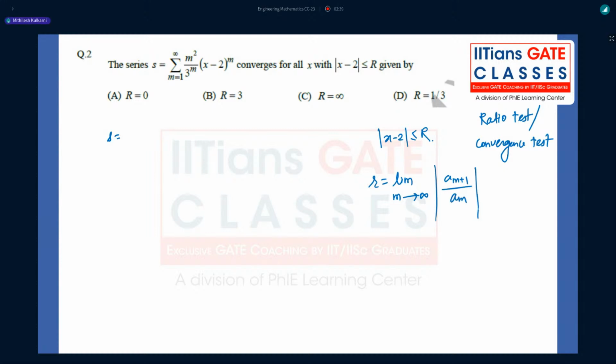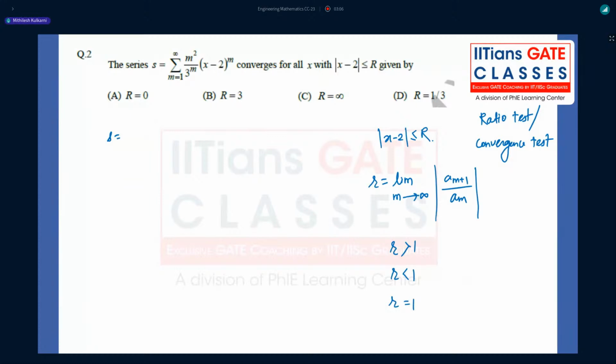Suppose this is the ratio. We are taking the ratio of the (m+1)th term with a_m, the mth term, as m tends to infinity, and depending on the value of r, suppose r is greater than 1, r is less than 1, or r is equal to 1, we can say whether the series will converge or diverge.